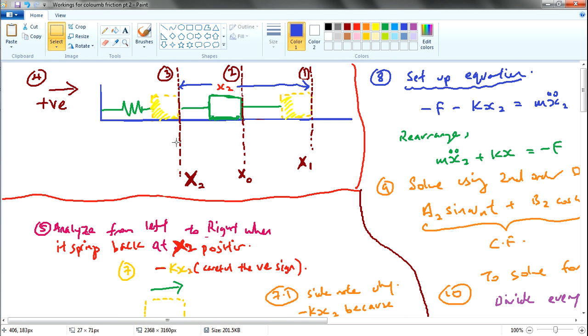At this point, the time we can set as equal to 0. But it's a different time domain from this time, since when you move from here to here is t, but when you move from here to here is t prime. Therefore, we can initially take that this t prime is equal to 0, and we can analyze from there.